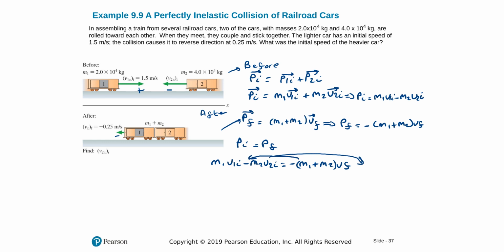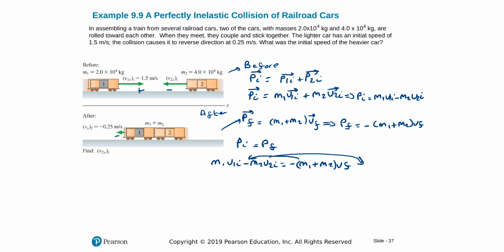Keep in mind I'm going to get a positive value for V2 initial here because I'm only calculating magnitude, but I know it's negative. If I ask you the direction, it would be clearly stated as to the right or to the left, or that V2 is this much negative. But I would generally ask you the magnitude if it's obvious already that it's negative. You don't need to include it here.